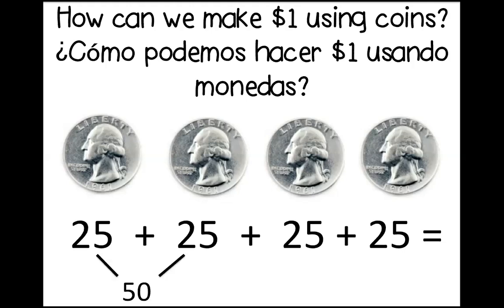Let's add the next 2 together. 25 plus 25 is 50. So what's the total value of all 4 of these coins? 50 plus 50 is 100. So we've made 100 cents here, which is the same as $1. So 4 quarters makes $1.